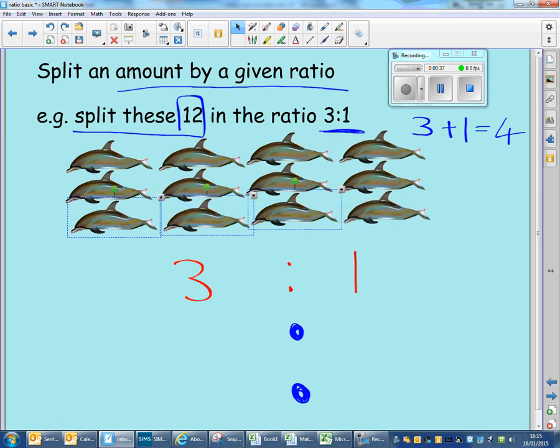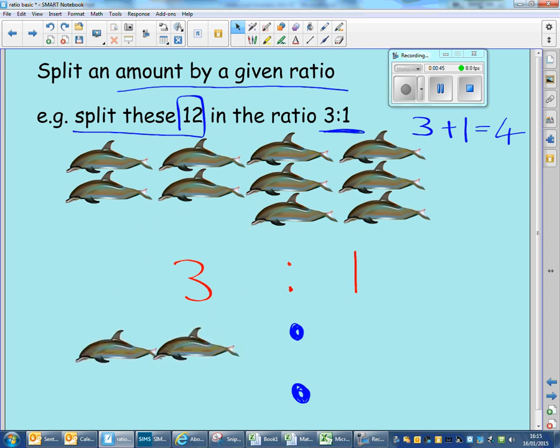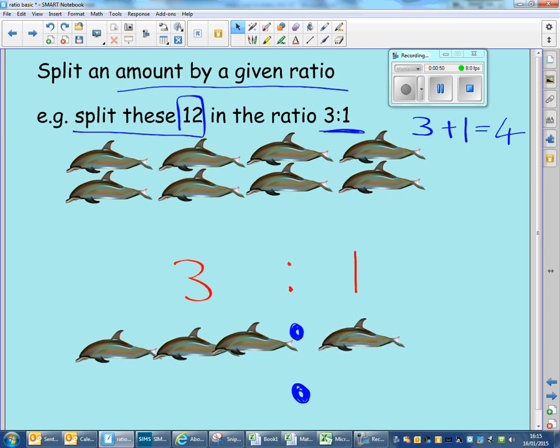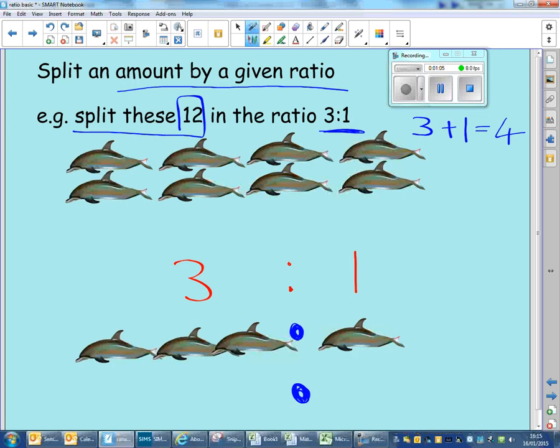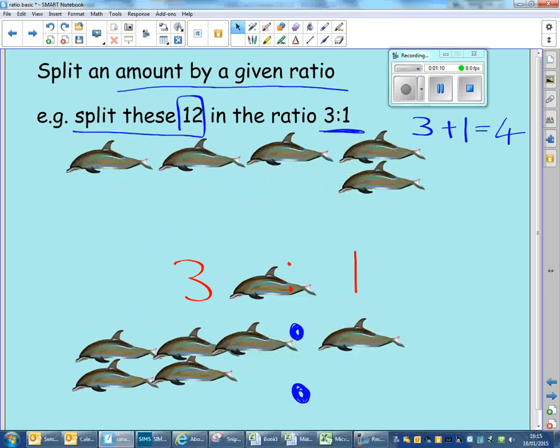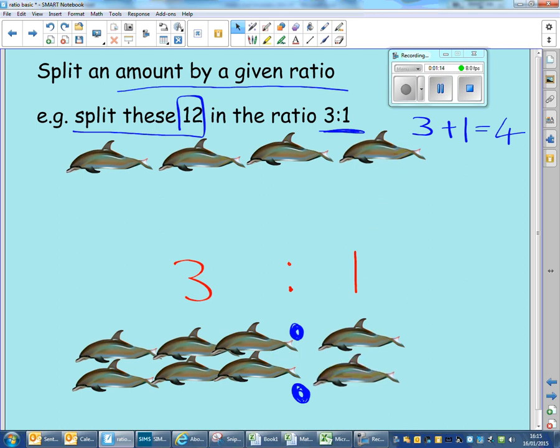So I've got these 4 dolphins here. And what did we say? I'm going to move 3 of them, 1, 2, 3, to 1. 3 to 1. Similarly, with this group of dolphins, I've got this group of 4, and I'm going to move 3 of them, 1, 2, 3, to every one of this guy just here.